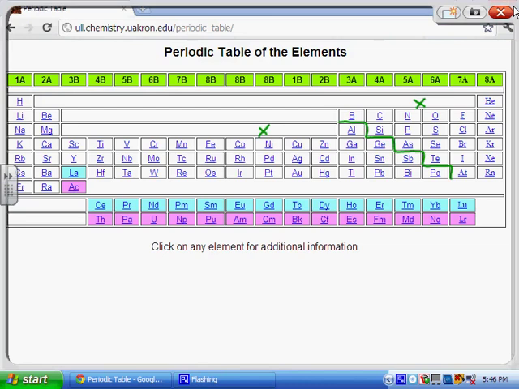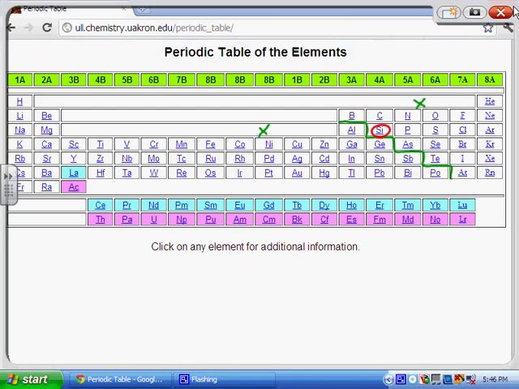Another thing that we see here, if you look, those elements that are right on that stair step, like silicon, we'll be working on that in an upcoming lab. Some of these, because they have characteristics of both metals and nonmetals, are called metalloids. Silicon's a good example. When we use it in lab, you will see that it is brittle, can't pound into a sheet or draw it to a wire.